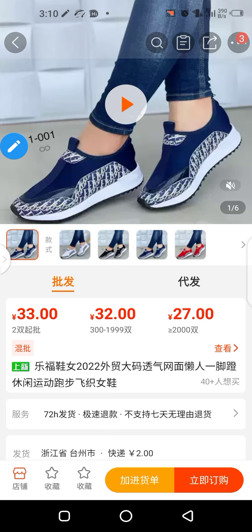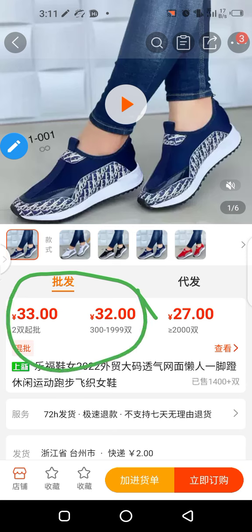Because per the number you are requesting, the supplier can reduce the cost. The supplier can even ask you, how many do you want? Or you can ask, if I'm buying 10, how much will the cost be? If I'm buying 2, how much will the cost be?